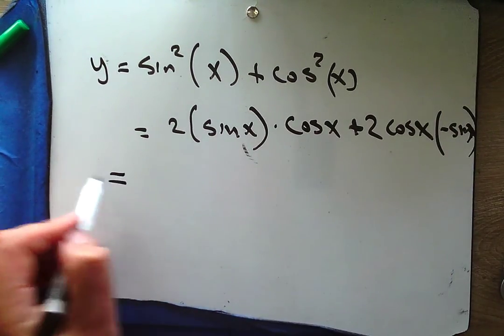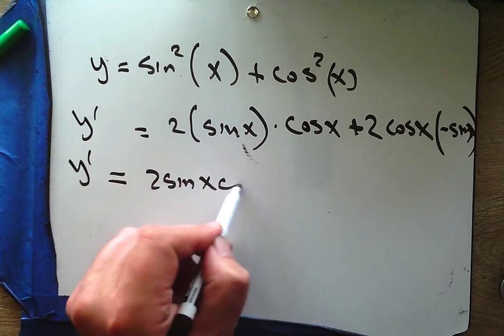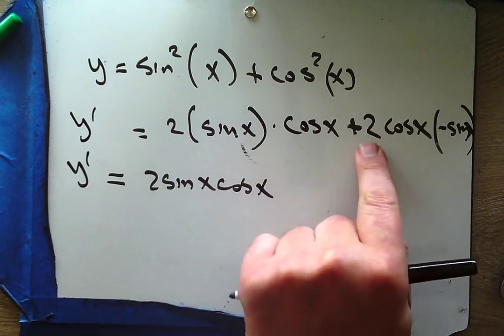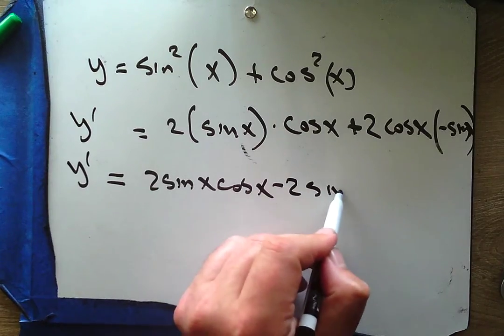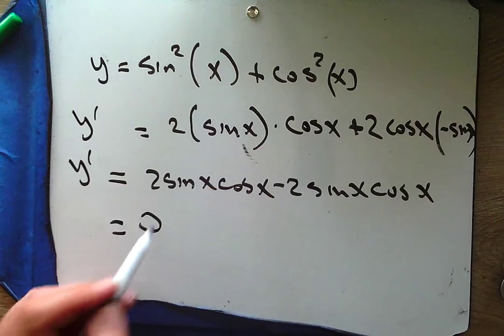And so I end up here then with 2 sine x cosine x minus 2 sine x cosine x. And so these are opposites, they cancel each other out.